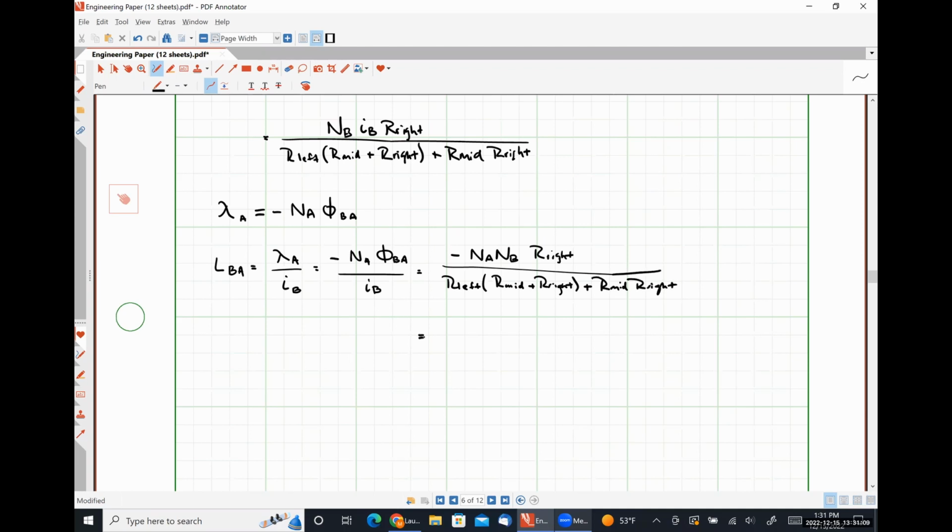And if we substitute in numbers, this comes out to be negative 4.423 millihenries.